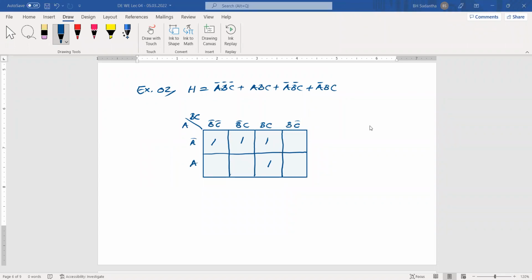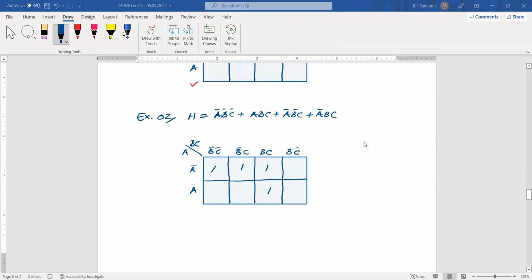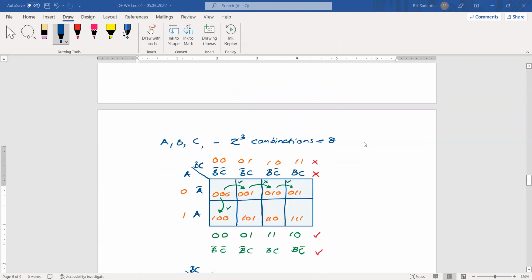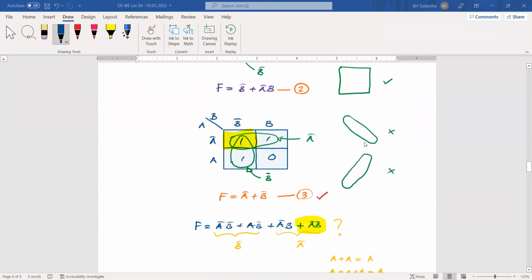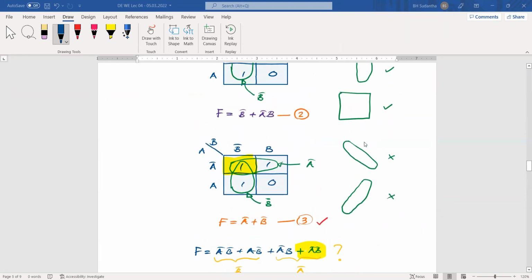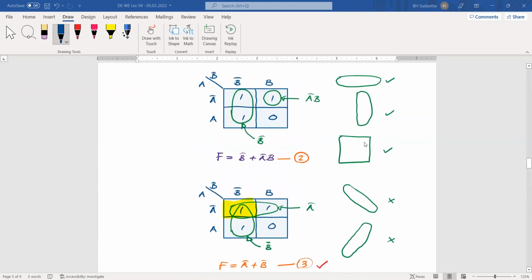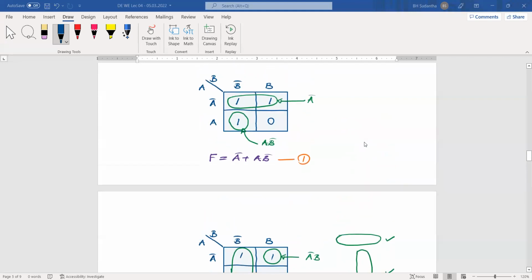Okay, then we have a question. Can you show example one again, please? For example one, this one. Yes. Do you have any problem here?